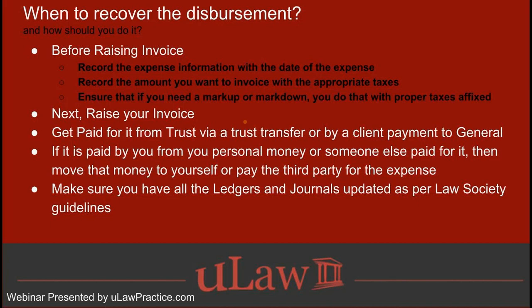And the third component that you want to keep in mind with the general disbursement is whether you really want to use this opportunity to mark up, or maybe in the case of certain examples, mark down the actual expense itself, right? So some of our legal professional friends strike a deal with some of the software companies, such as DivorceMate or even uLaw or some other software companies, and then they spread that across different matters for different clients.